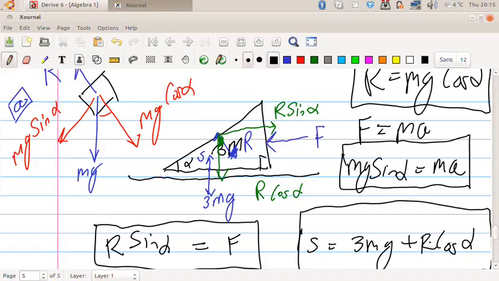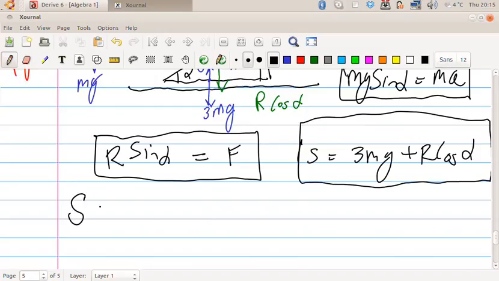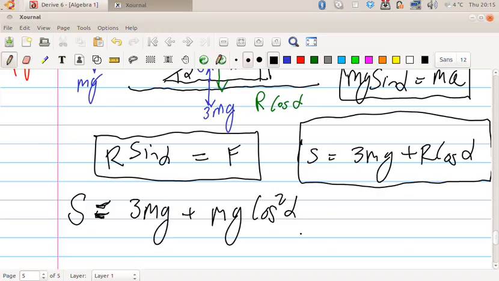So I think we should replace the R with the formula up the top, the mg cos alpha going into that. So we get S equals 3mg plus mg cos squared alpha. Oh, we're done. mg bracket 3 plus cos squared alpha. That's what they want.